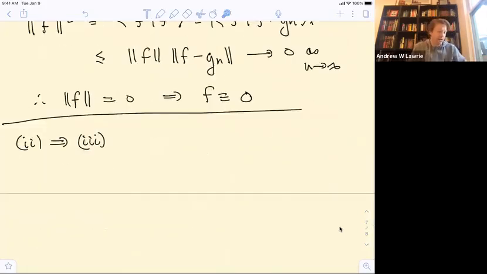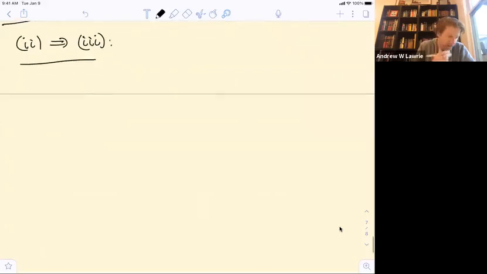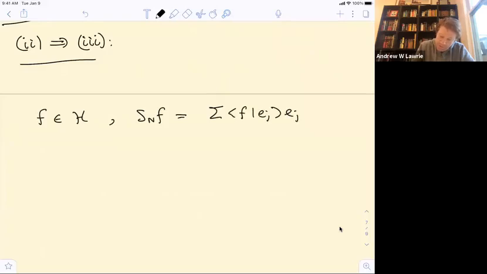This should remind us of the similar argument we gave for Fourier series in the past. So take f in H, SNF is equal to the sum of f paired with EJ times EJ, j equals 1 to n.